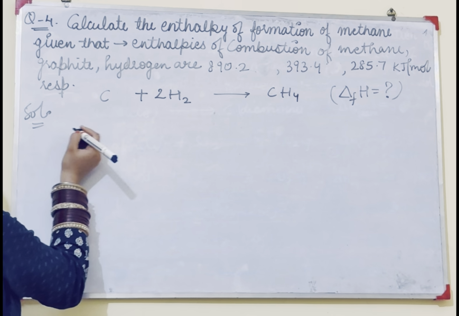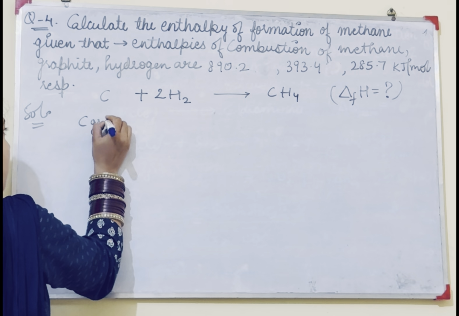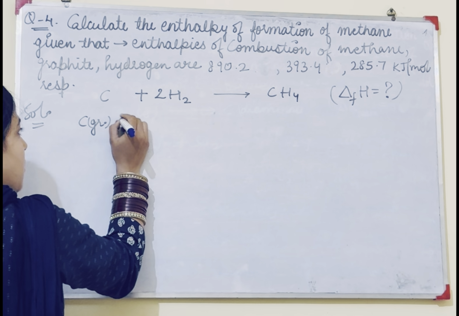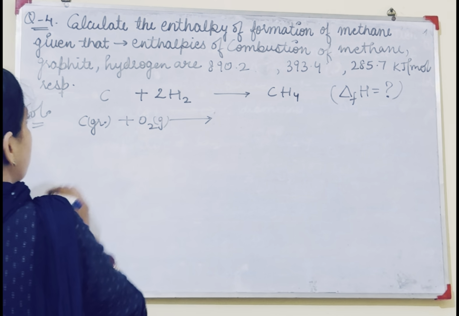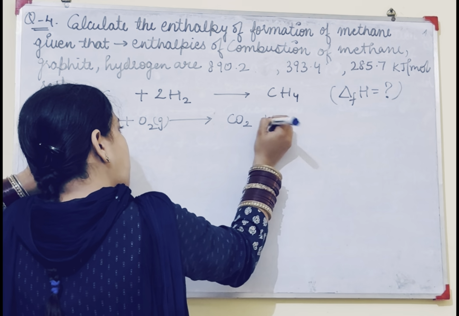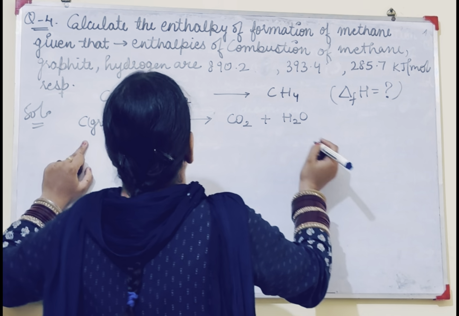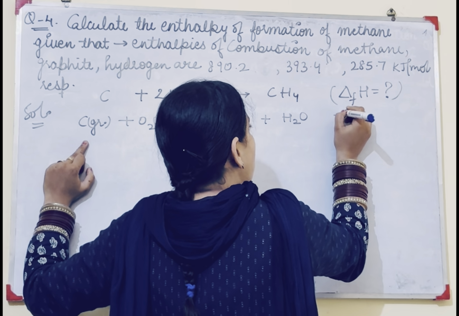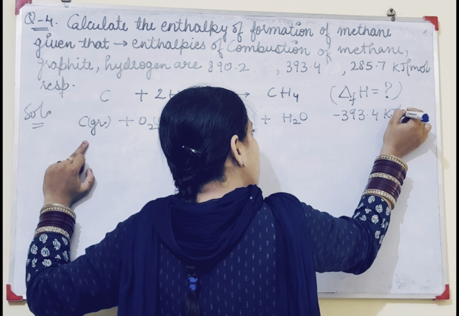Now what is given? In combustion of graphite, carbon, graphite plus oxygen, it will form CO2 plus water with the combustion is minus 393.4 kilojoule per mole.